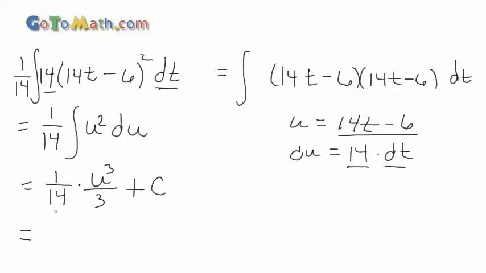And so this is 3 times 14, which is going to end up being 42. Is that right? 28. Yeah, 42, right? 42. So this becomes 1 over 42 times (14t minus 6) raised to the 3rd power plus c.